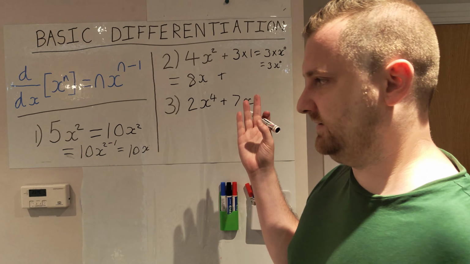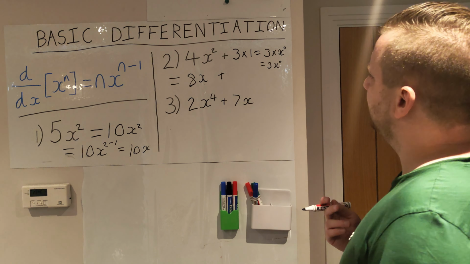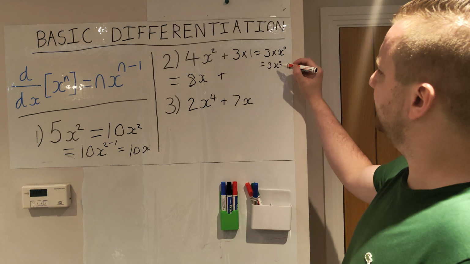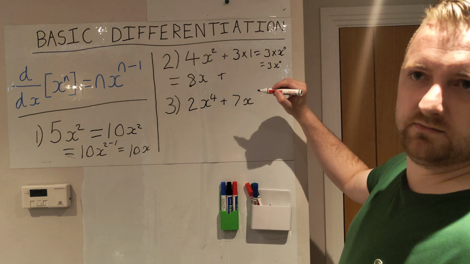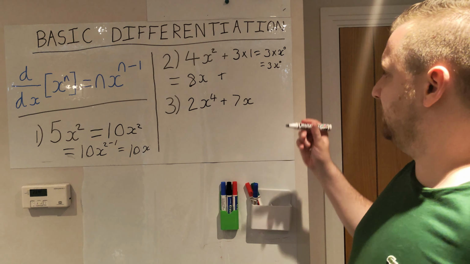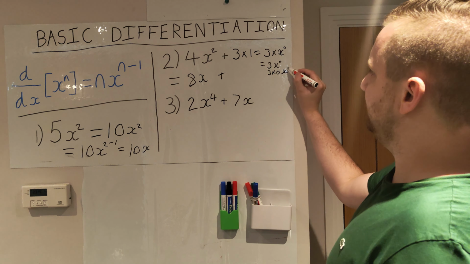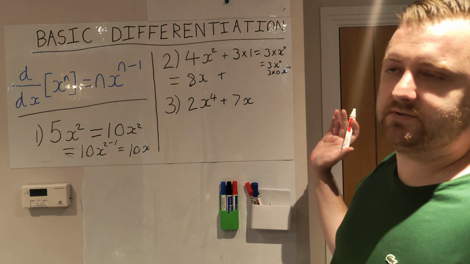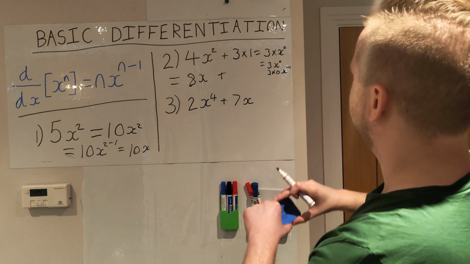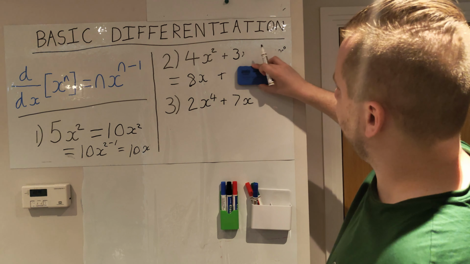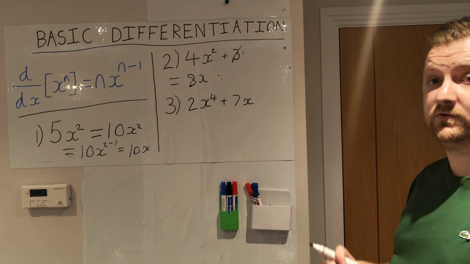I didn't invent this, obviously, but this is my understanding of why this happens. If we had 3x to the power of 0 and we brought the 0 down, you're timesing everything by 0, so it'd be gone. It'd be like 3 times 0 times x to the power, and then you take a minus 1. It doesn't matter because you've timesed it all by 0, so it disappears. That's why you can just get rid of the constants. So that just goes. Okay, that's one rule for constants.